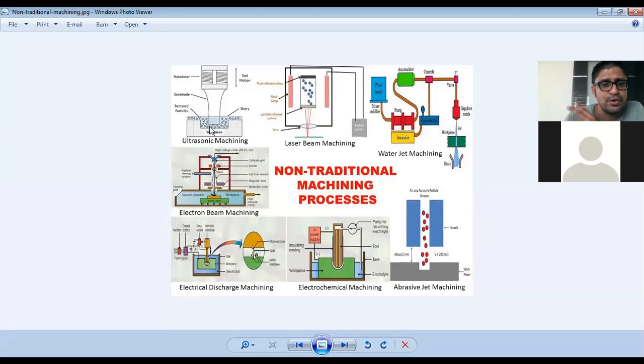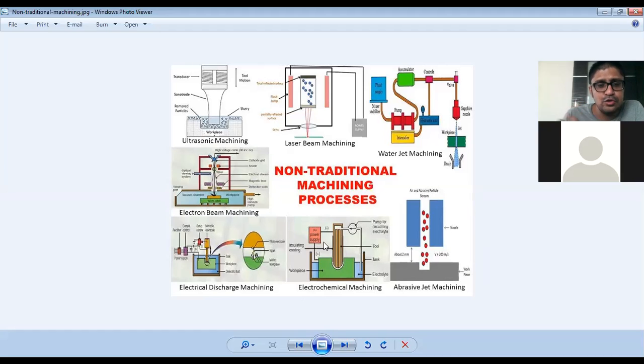The third one is the process parameters. Just like in case of conventional machining, we used to always talk in terms of speed, feed, and depth of cut. So what about the machining parameters in non-traditional? Here in non-traditional, the machining parameters vary from process to process. In ultrasonic, it may be different process parameters. In laser beam, it may be different process parameters, and so on.